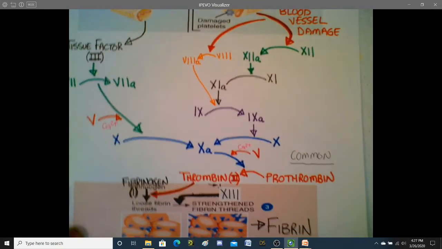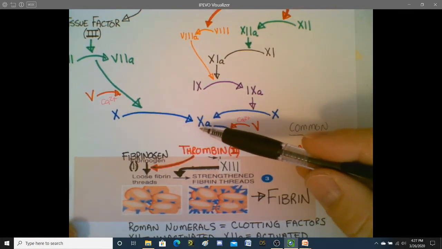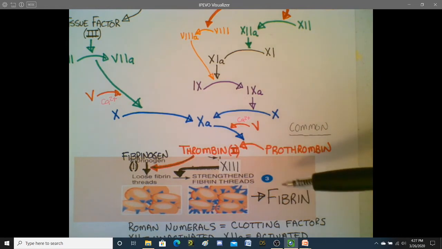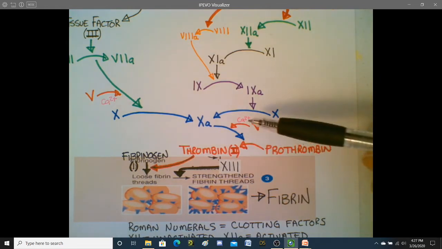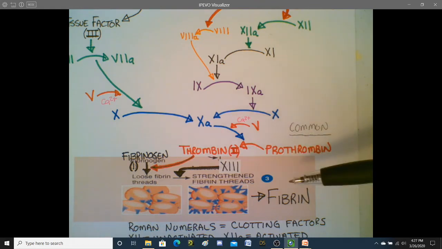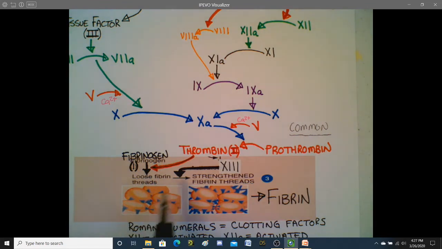Now everything is the same as what we just talked about. Once 10 is activated, 10 is going to activate, with the help of 5 and calcium, prothrombin into thrombin. And then thrombin is going to activate fibrinogen and turn it into fibrin.